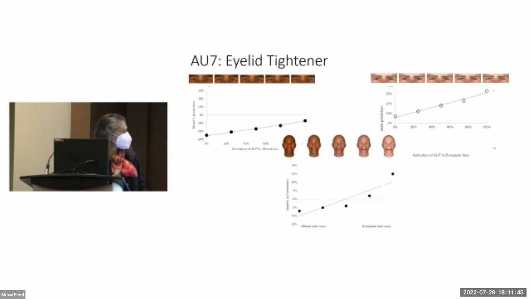And in this case, if we change the skin color, we do not fully explain the differences in AU7 activation. So here's the African face. And then as we lighten it to get to the European color, we only get up to around 17%. And over here, the European face is up at over 30%.